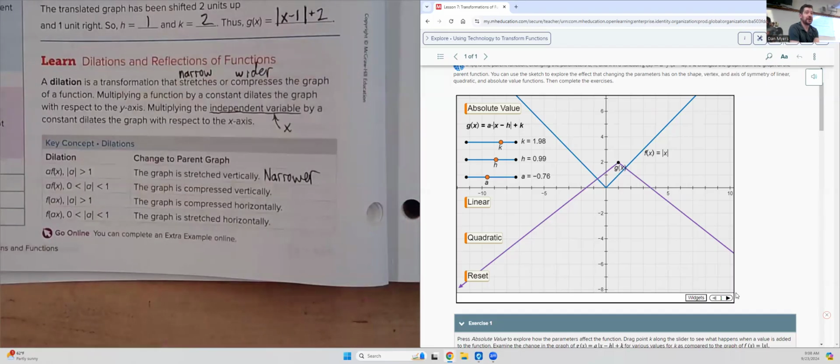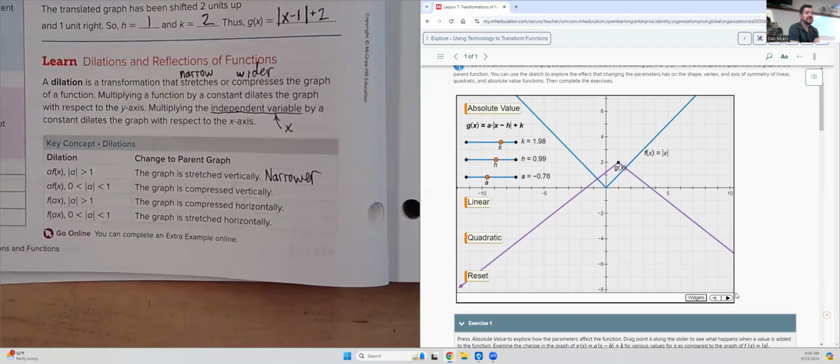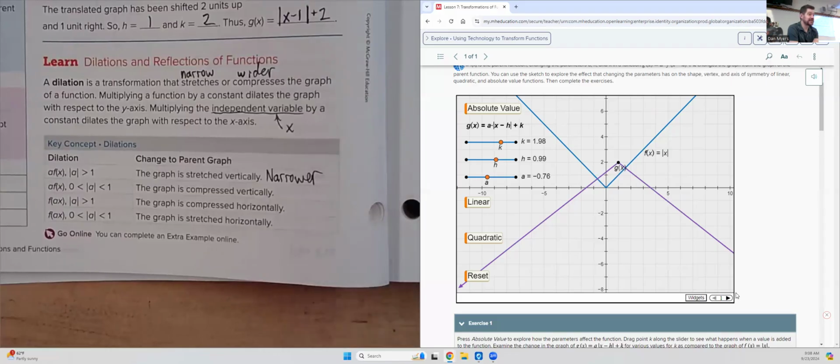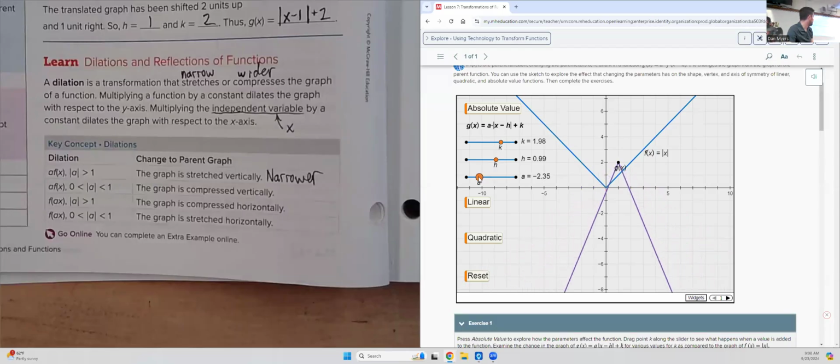It'll make the graph narrower. As the value of a gets larger, either in a negative or a positive manner, it's going to make the graph narrow. As we get further away from 0, let me go back over here, as we get further away from 0 in a negative direction, it makes it narrower. As we get further away from 0 in a positive direction, it still makes the graph narrower.